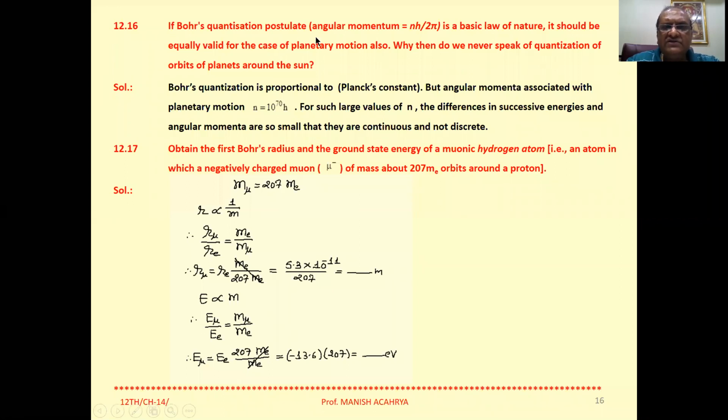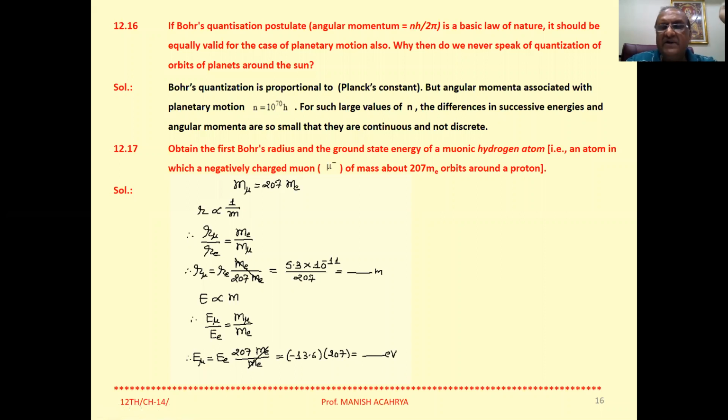12.16. If Bohr's quantization postulate, angular momentum equal to nh upon 2 pi, is a basic law of nature, it should be equally valid for the case of planetary motion also. Why then do we never speak of quantization of orbits of planets around the sun? Now see here, if we consider the second postulate, angular momentum nh upon 2 pi, then in that case the value of n will be tremendously large.